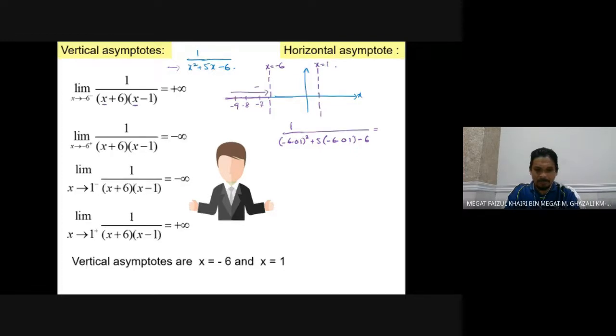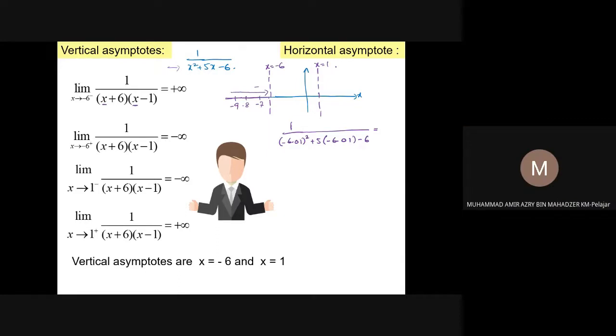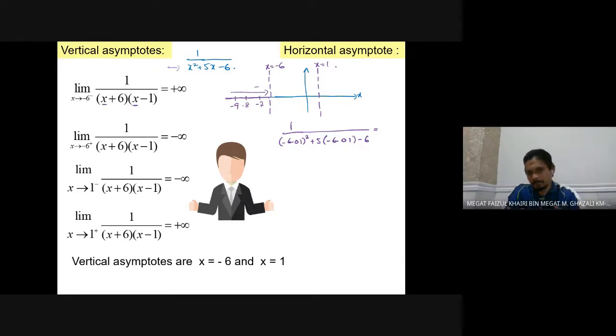Okay, for example, 1 divided by -6.01 squared, plus 5 times -6.01, and minus 6. Dapat negatif, sir. Negative or positive? Negatif.